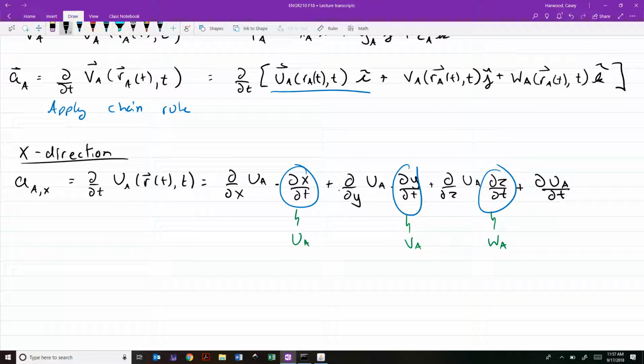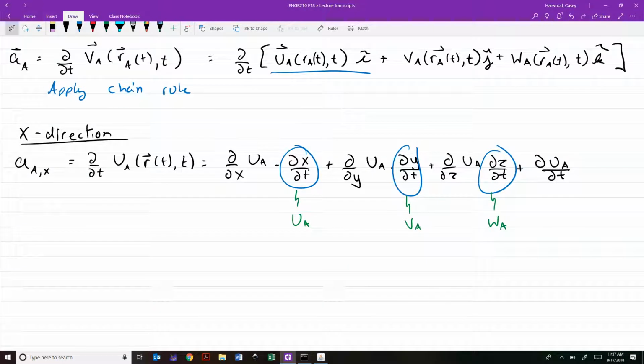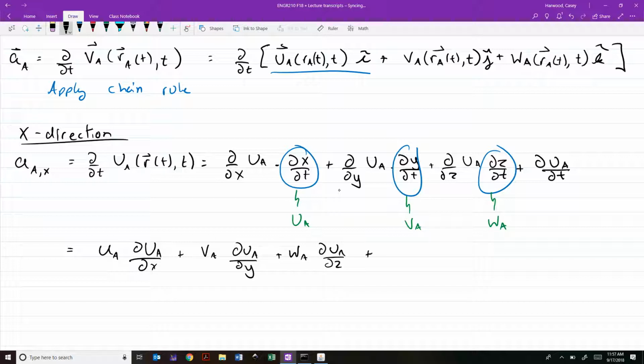So we can write this in a more compact form, saying that this is equal to u_A ∂u_A/∂x plus v_A ∂u_A/∂y plus w_A ∂u_A/∂z plus the time rate of change, ∂u_A/∂t.